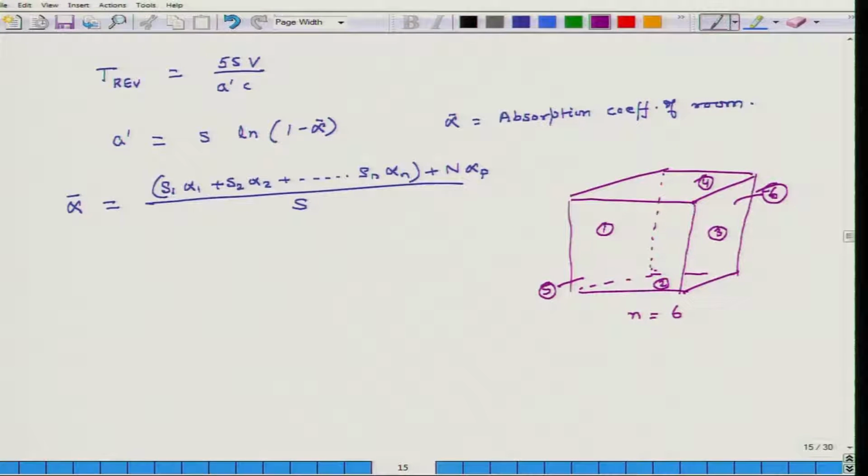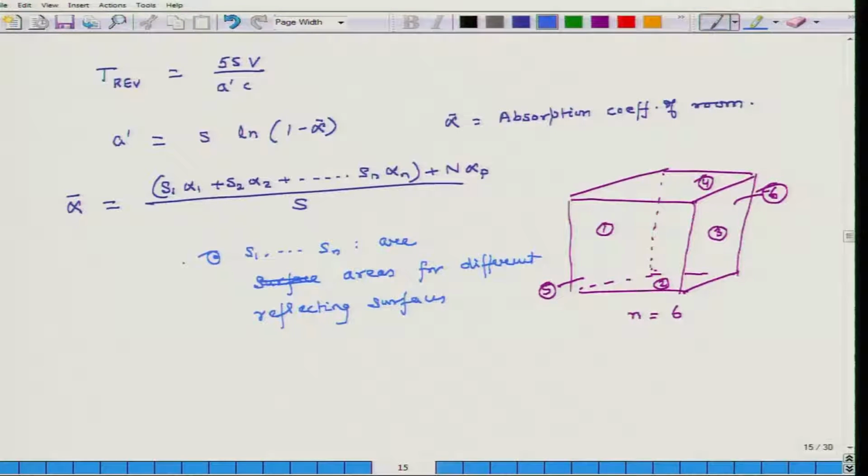So, S1 till Sn are surface areas, are areas for different reflecting surfaces. So, when we look at the room, we identify different surfaces of the room and compute their areas either in meter square or in feet square.